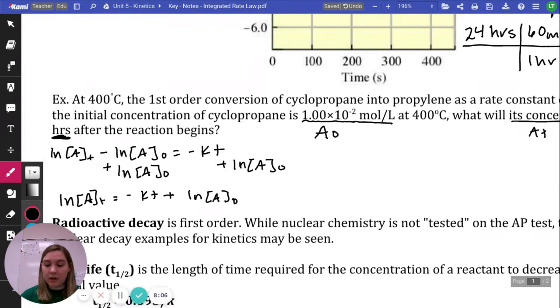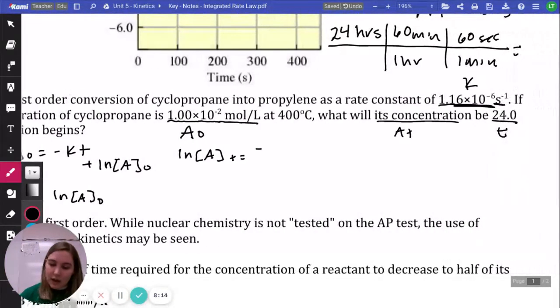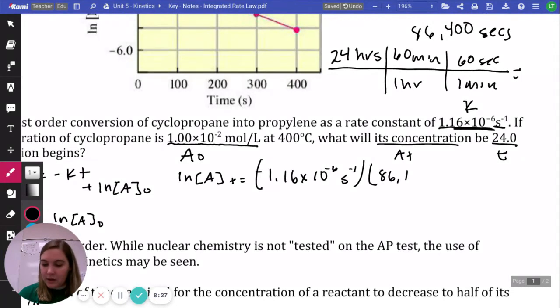All right, so now we'll plug in our values. Natural log of our final concentration is equal to negative K, and our K is 1.16 times 10 to the negative 6 seconds to the negative 1, times our T, which is what we solved for up there, 86,400 seconds, plus the natural log of our initial concentration, which is 1.00 times 10 to the negative second moles per liter.